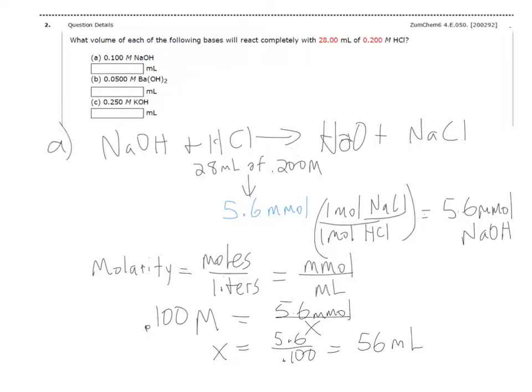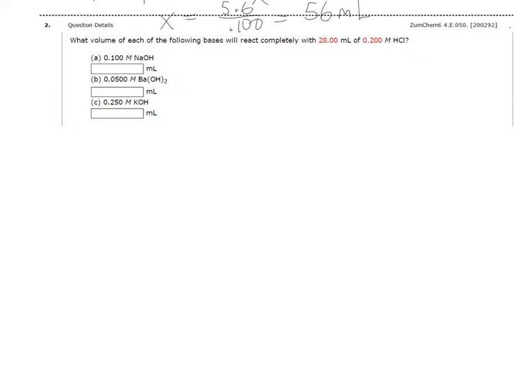On to part B. B is interesting because we have a base that has 2 hydroxide ions, and that's going to affect how we can balance the equation.